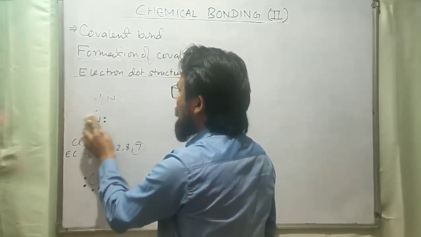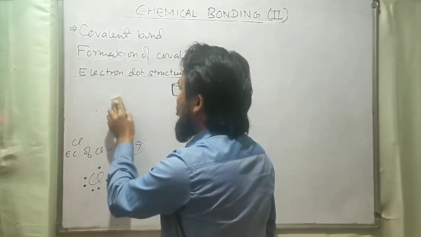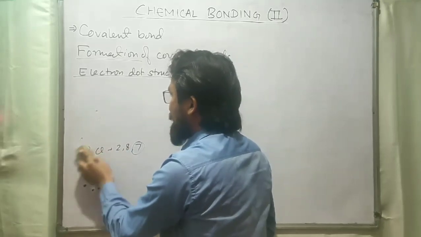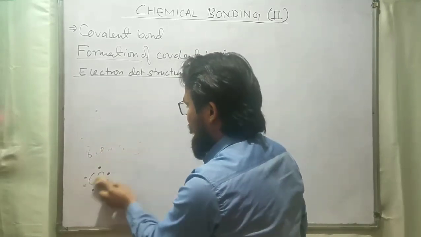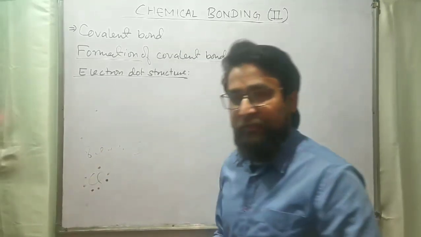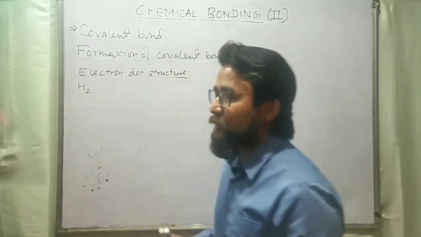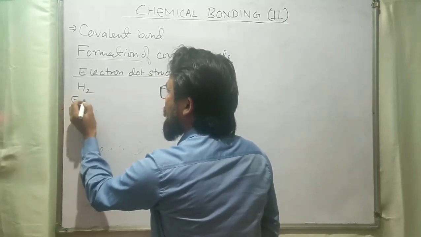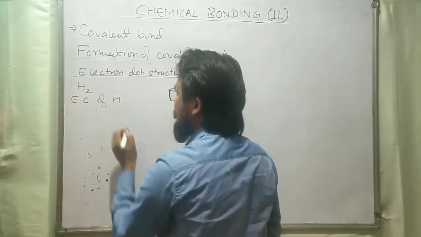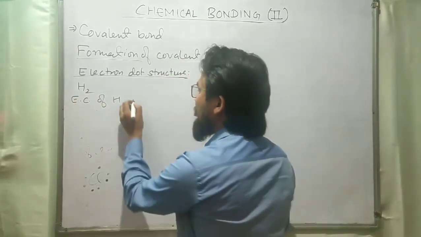So let's see how the covalent bonds are shown with the help of electron dot structure, with the help of an example. The first example that we will see is hydrogen. What is the electronic configuration of hydrogen?